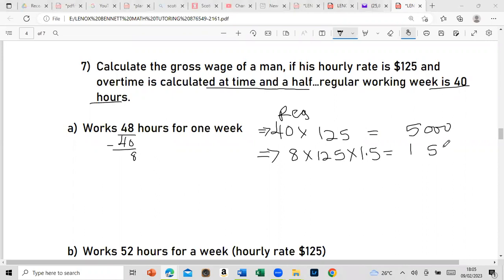So the person's pay would be the regular plus the overtime. Everyone agree? Yes, sir. So in order to get the total pay, we add these, which works out to 6,500. So for that week, if you work 48 hours with the same rate and everything, you would get 6,500.